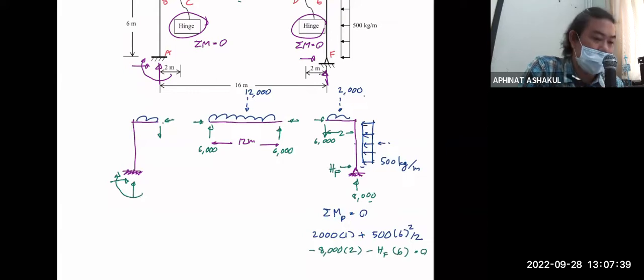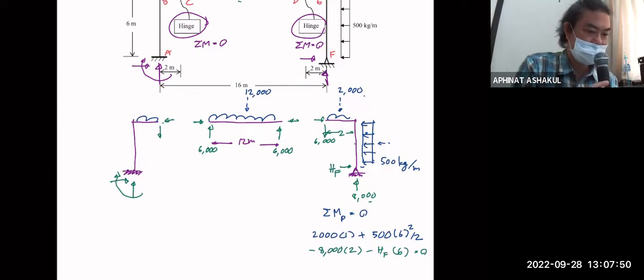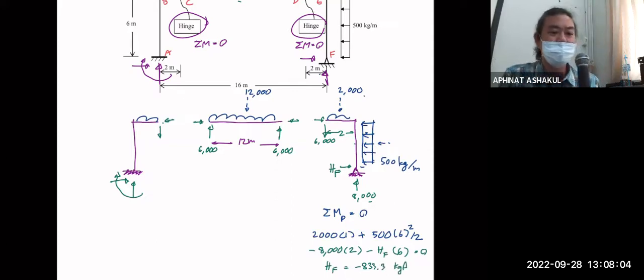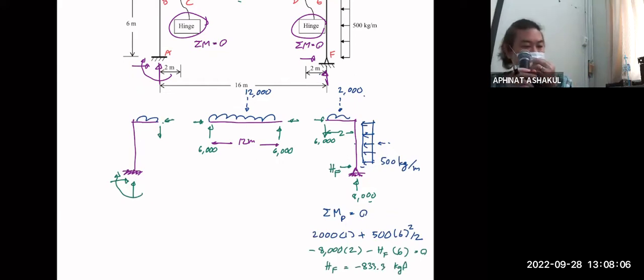But it turns out that HF is not going in that direction. So if you set up your equation like that, you're going to get HF equal to minus 833.3 kilogram force, which means HF is actually pointing to the left. Crazy enough, right?